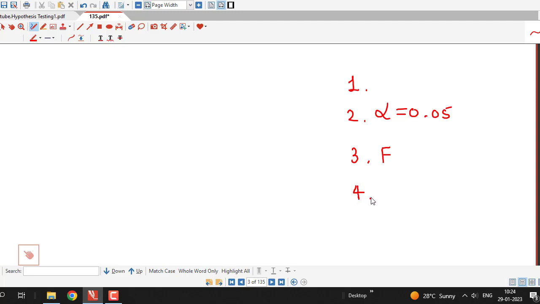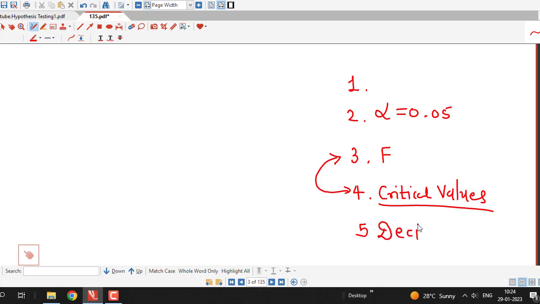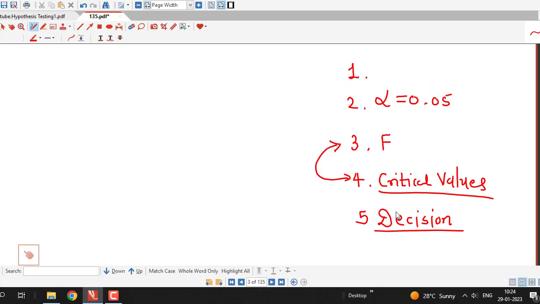After that, we find out critical values that will help us to decide the rejection and non-rejection regions. Then we compare the calculated value of test statistic with the critical value, and depending on that we take the decision whether we will reject the null hypothesis or fail to reject the null hypothesis.